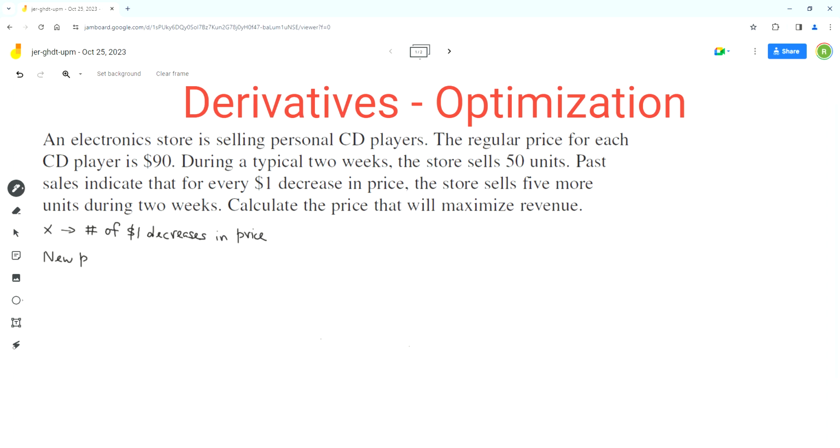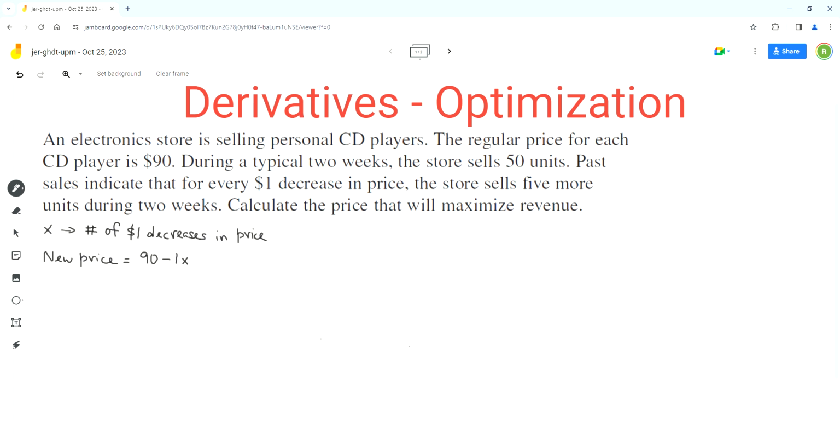So the new price of the CD player will be the current price $90 minus 1x, because we are using the variable x as the number of $1 decreases in price.